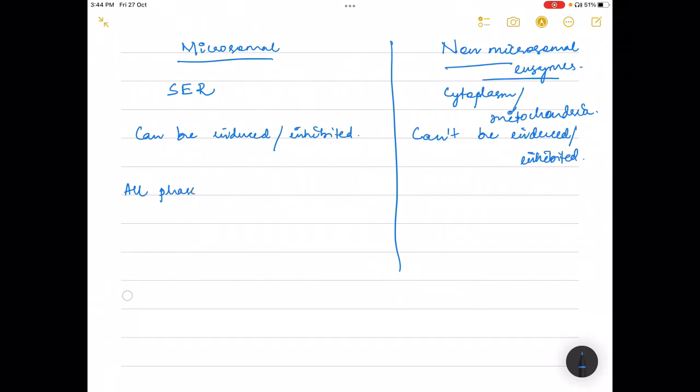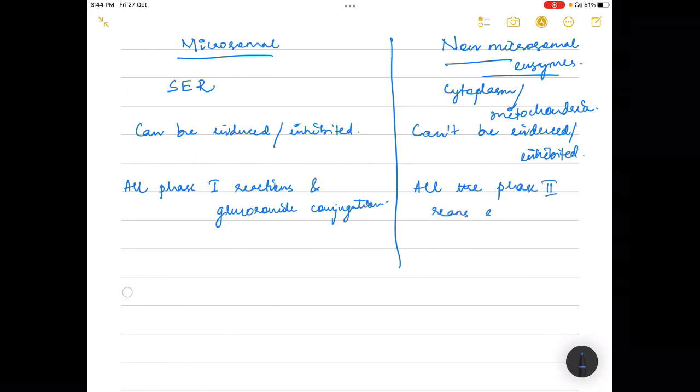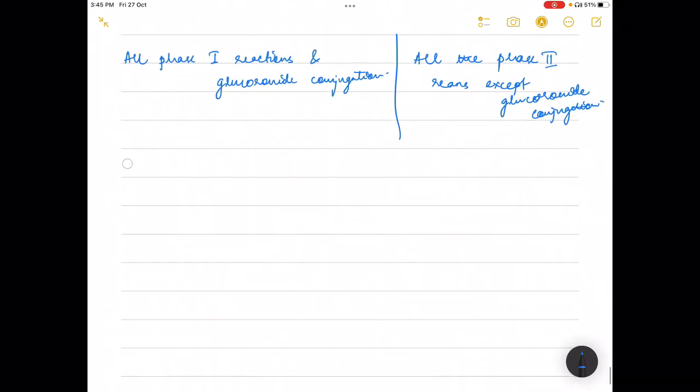All phase 1 reactions and along with that glucuronide conjugation. The non-microsomal enzymes catalyze all the phase 2 reactions except glucuronide conjugation. Okay.